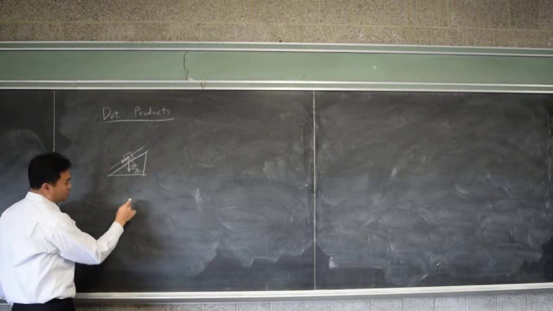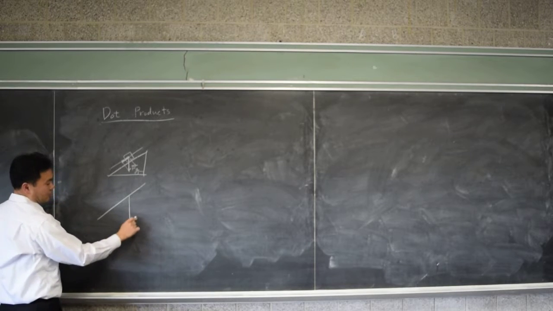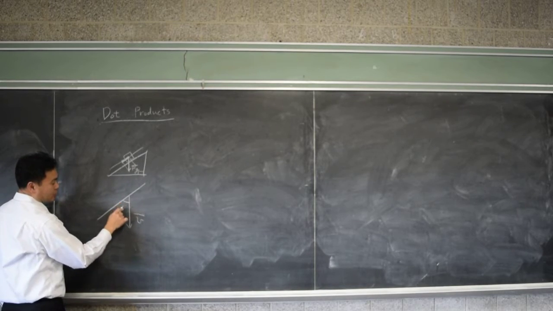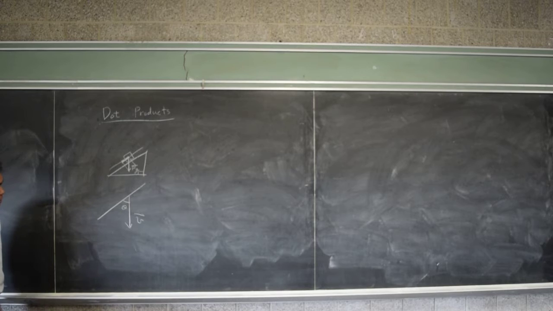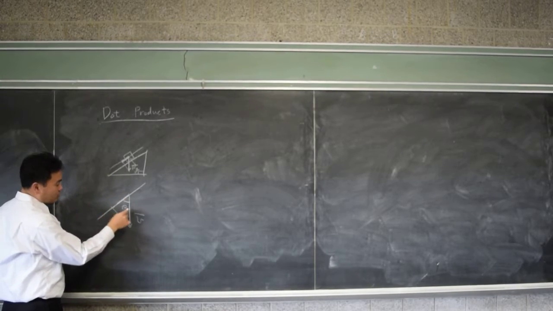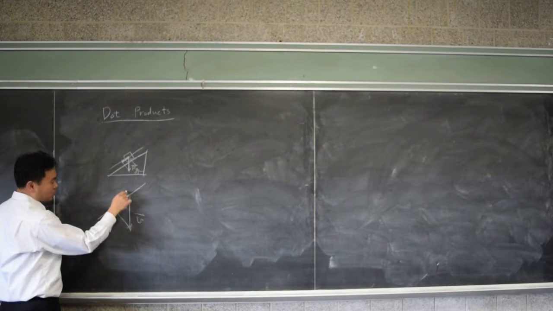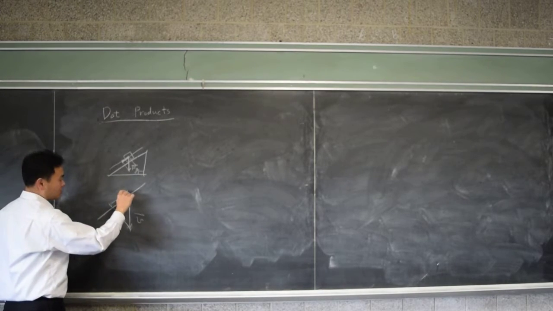So what you're required to do is, if you have a vector and you have some kind of an angle, to ask what's the component of this vector along this direction is to actually figure out this magnitude.